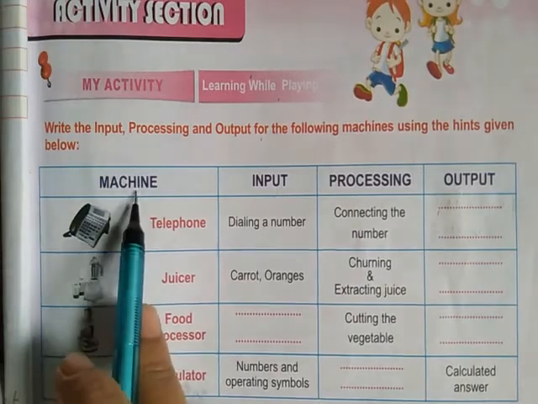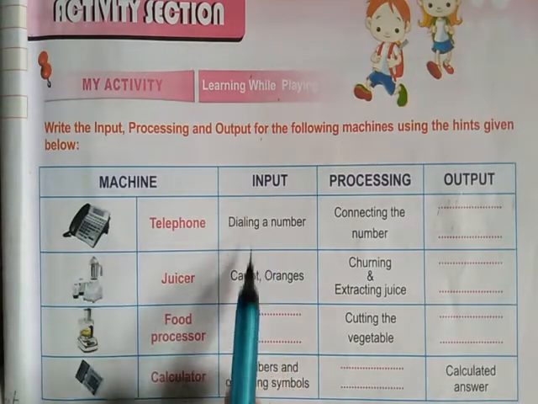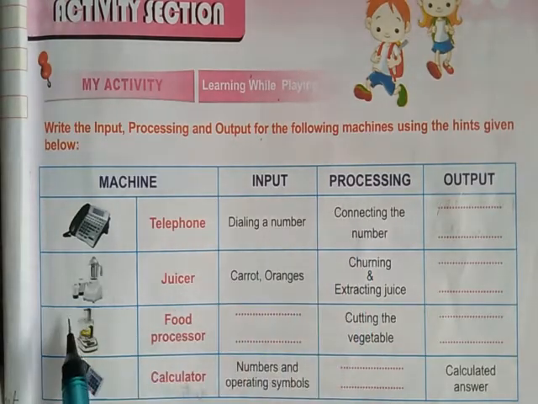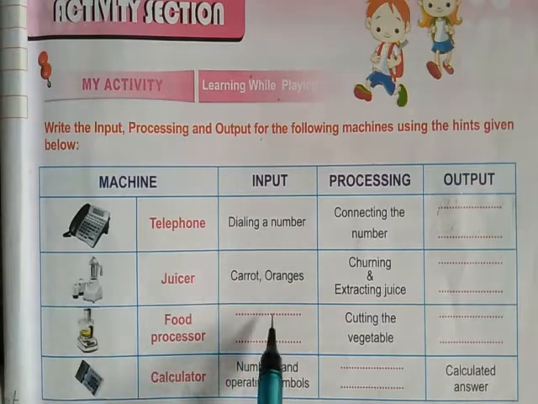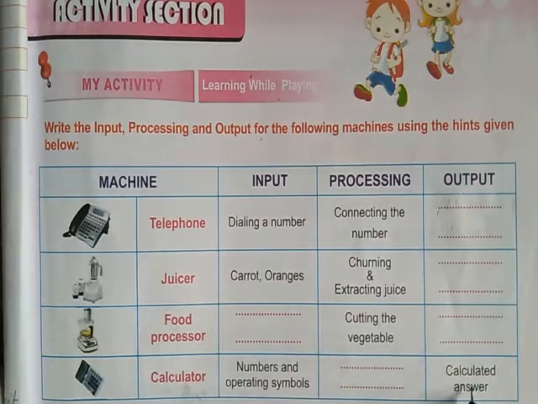In the machine column, some machines are given, in input some inputs are given, and in processing, how the machine processes the input is given. Some output is already written here, but some output you can guess and write here.